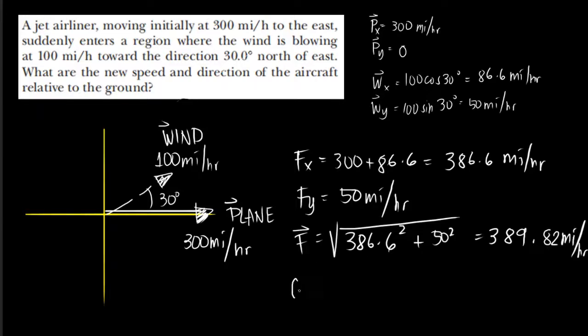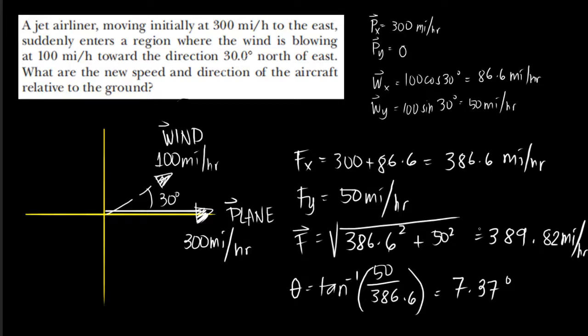Dasig siya. Ang iya nga theta is arctan. Y is 50 over 386.6. So, our tangent, 50 over 386.6, should give you 7.37 degrees.